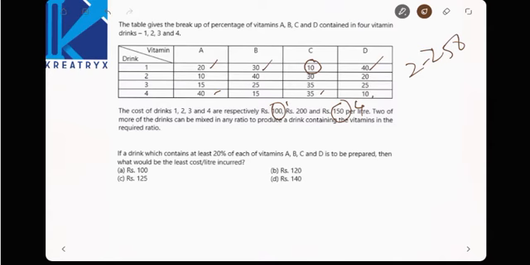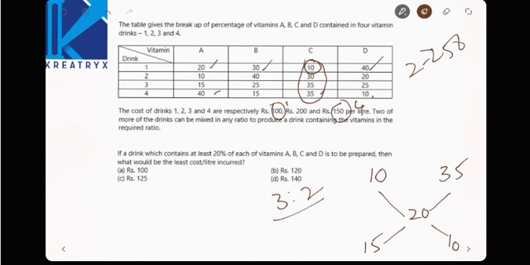Now if you mix drink 1 and drink 4, the only thing we have to check is the C thing, right? See here, if C can be matched, then the entire thing is matched, right? So in first drink C contains 10%, in this fourth drink C contains 35, and when they are both mixed, then it must contain 20%. Now what is the alligation here? 15, this is 10, and this is nothing but 3 is to 2.